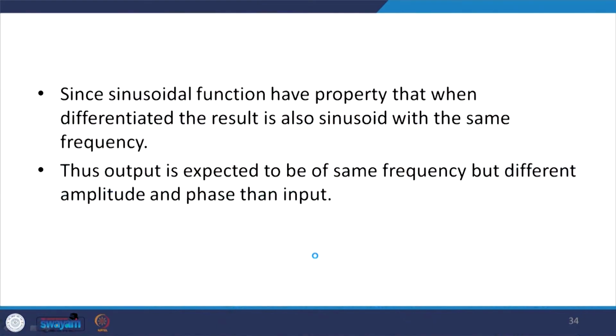If, say, for the first order system which we have considered over here, I have a sinusoidal input like y is equal to sin omega t, this is how my system expression is going to be. Since the sinusoidal function has the property that when differentiated, the result is also sinusoidal with the same frequency, the output is expected to be of the same frequency, but may be of different amplitude and phase than that of the input.